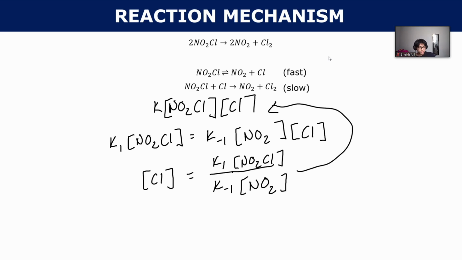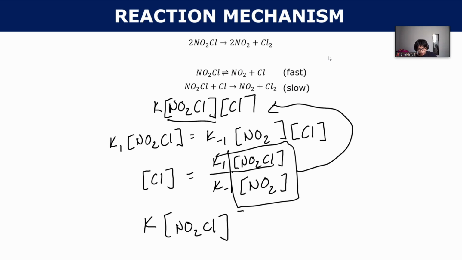Essentially, we're going to be multiplying all the k values, so we can say that entire new k value is just going to be k. And that k is going to be multiplied by the NO2Cl that we have over here, and then this little fraction, NO2Cl over NO2. And that would be our final rate expression.